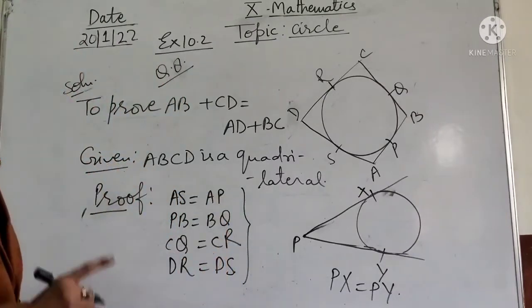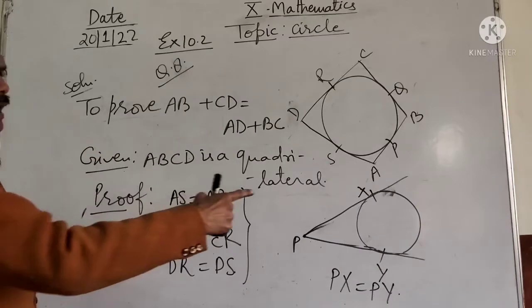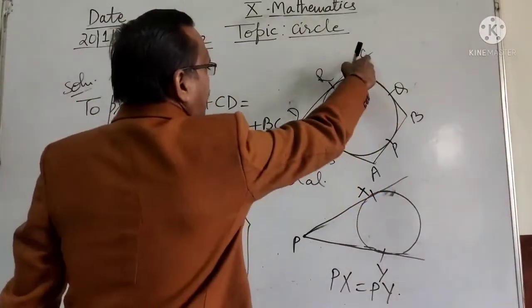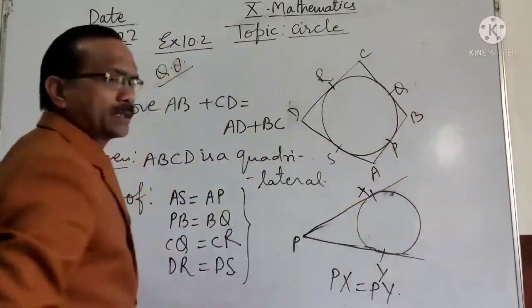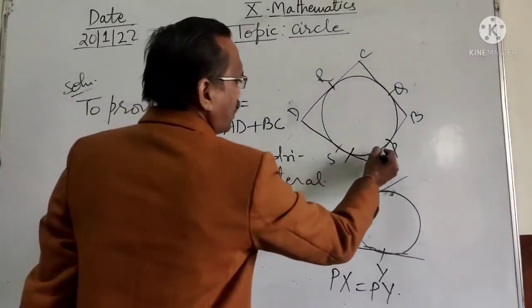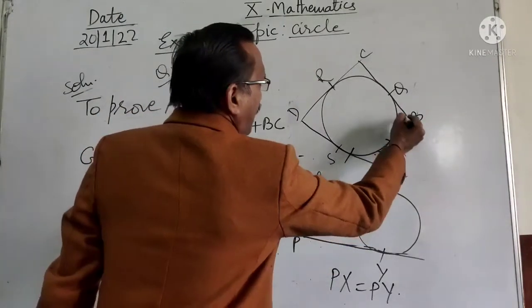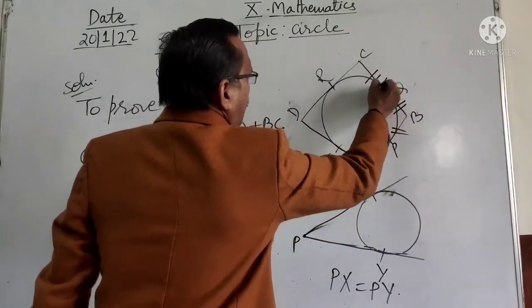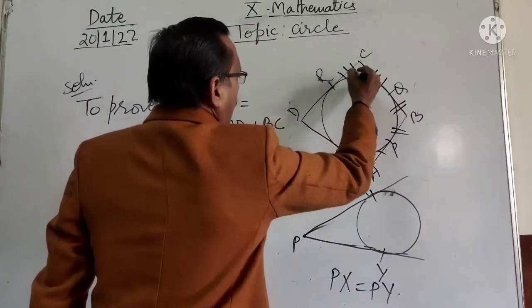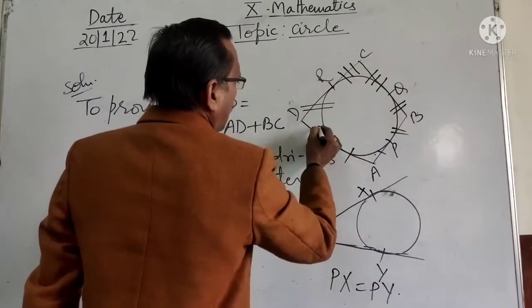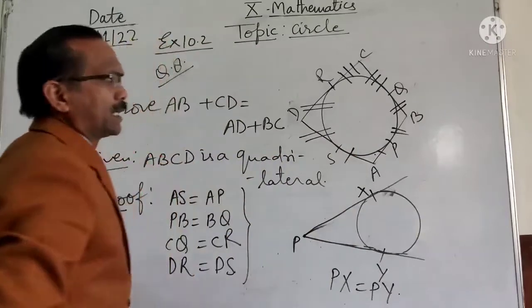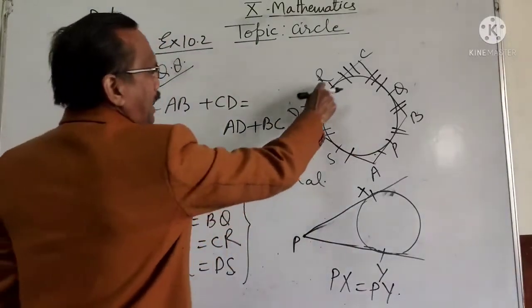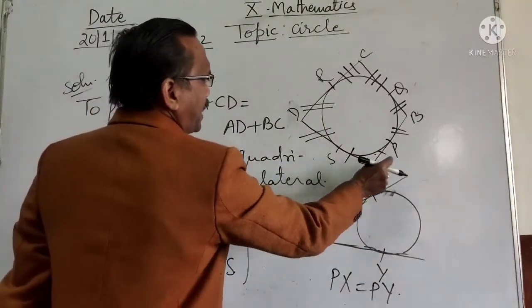These are the lengths of tangents drawn from the external points A, B, C, D to the circle. This equals that. This part equals this part. So these are the lengths of tangents from the external points A, B, C.